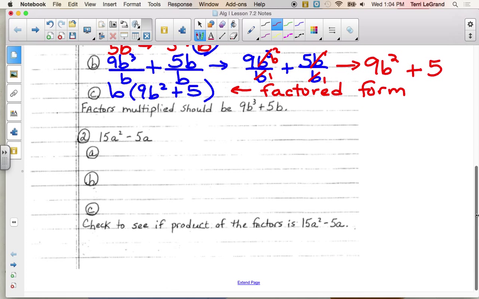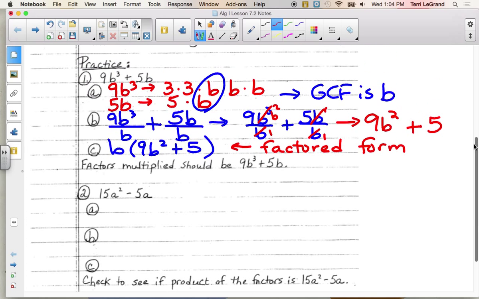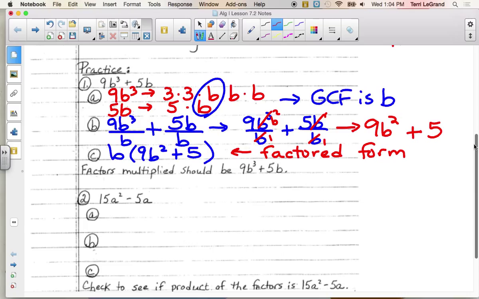Okay, then by the way, let's take a little look here at something. When we did this dividing in this step, and then we did another division here, notice what we got. We got this 9b squared, and we got this 5, right? After we take that b out of there, we have a 9b squared left, don't we?